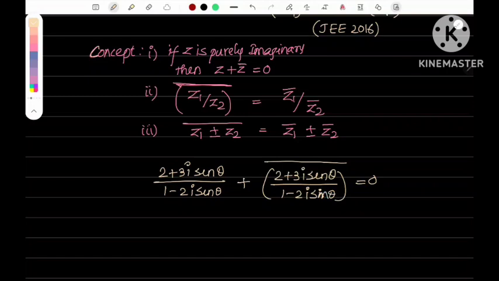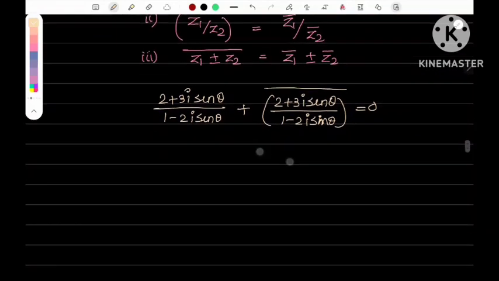Now just concentrate on what I'm going to do. (2 plus 3i sin theta) divided by (1 minus 2i sin theta) plus, now this bar will go to numerator and denominator, and then it will distribute to plus and minus.